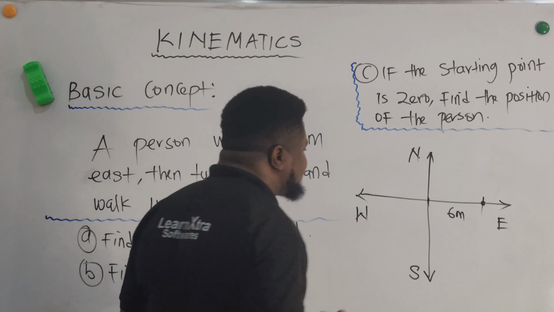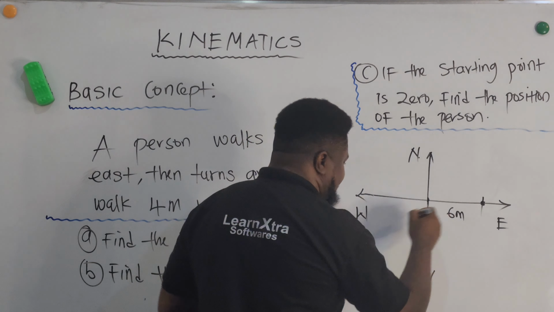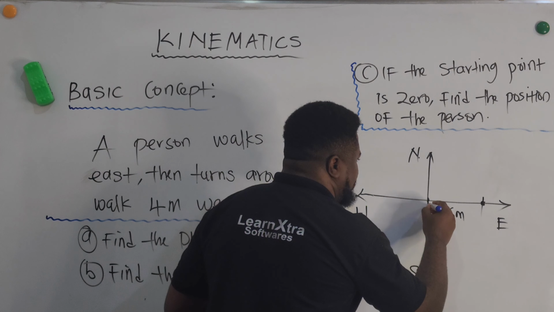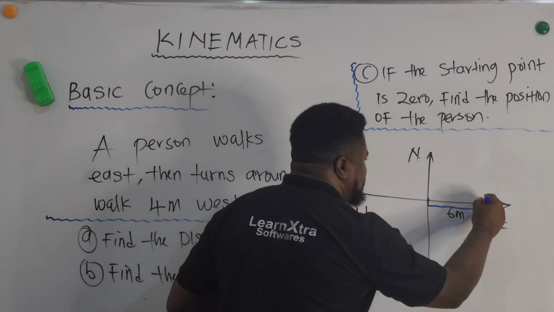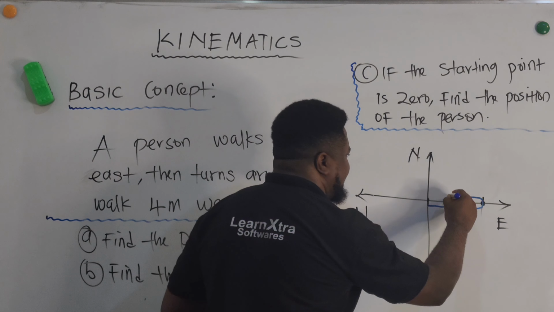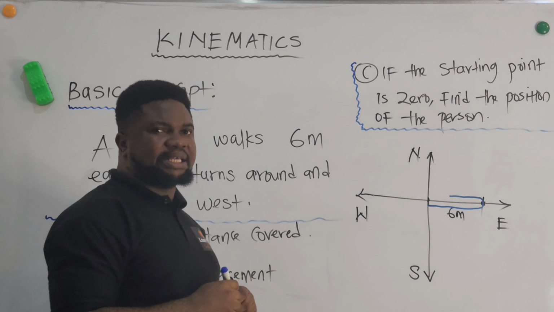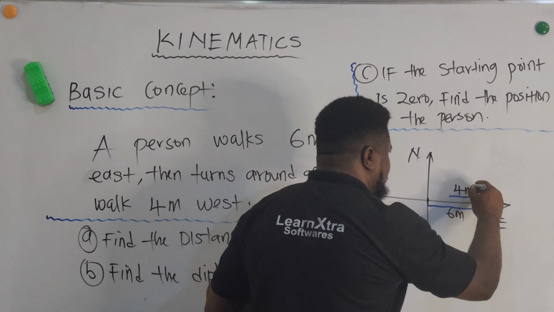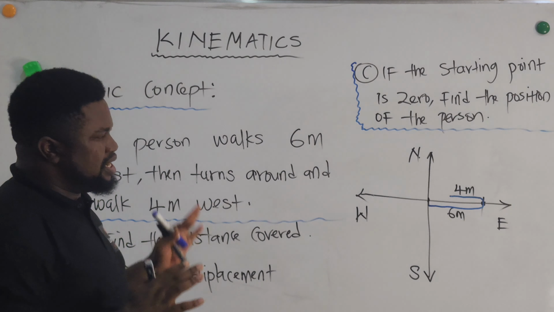So, in the actual sense, the person walked like this. From here, my blue marker, he walked. When he reached 6 meters, he turned and walked back. But this time, he did not walk back 6 meters. He walked only 4 meters. So with this analogy, it's clear.